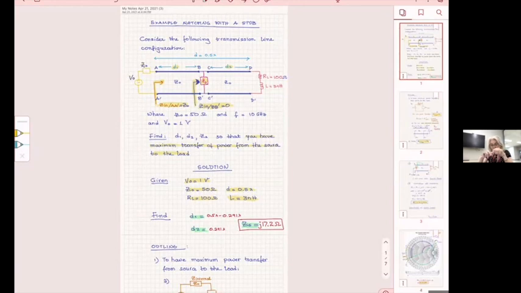So how are we going to find this power? How much is it?